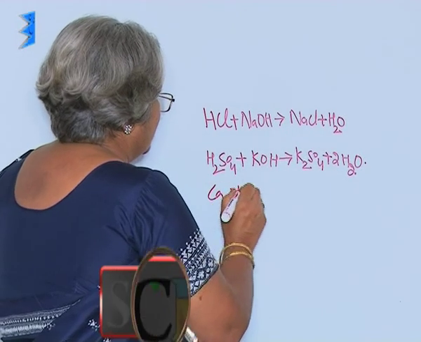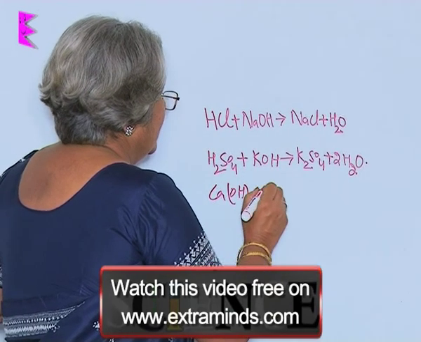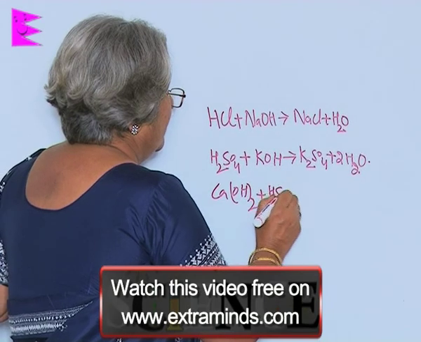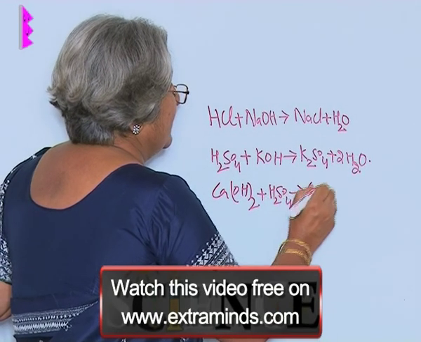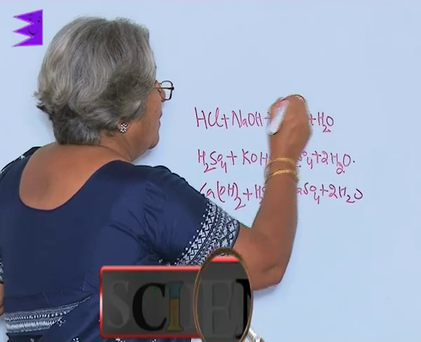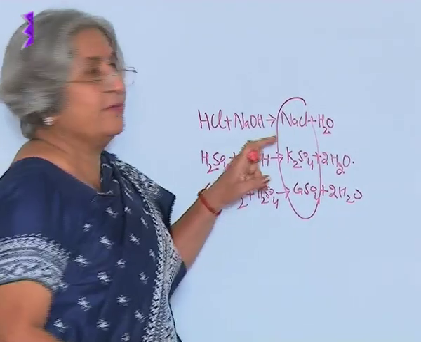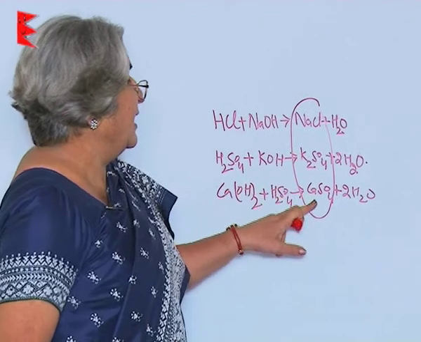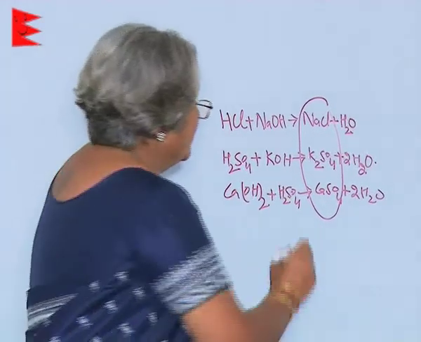Ca(OH)2 plus H2SO4 will form calcium sulphate plus water. All these three, sodium chloride, potassium sulphate and calcium sulphate, are salts.